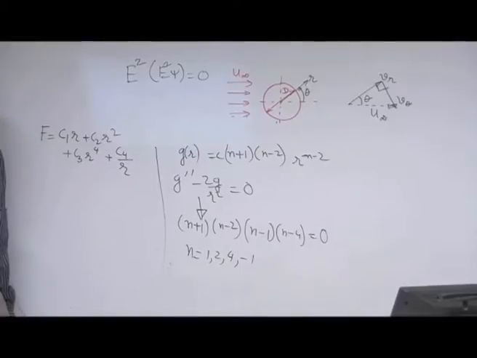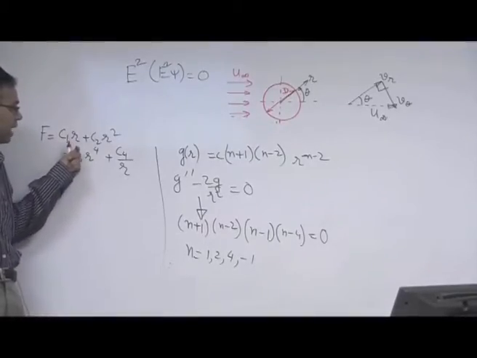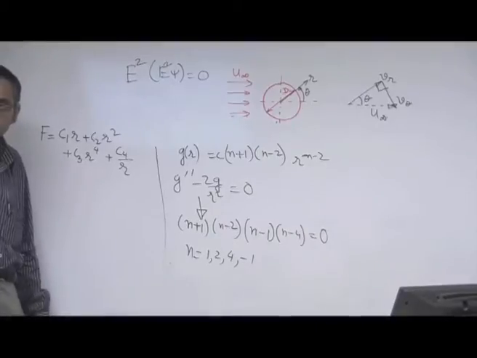See the solution that we assumed is C r to the power n. So, there are 4 n's, therefore 4 C's. So, now to get the stream function, what we require? We essentially require to obtain the values of C1, C2, C3, C4. So, we require boundary conditions.